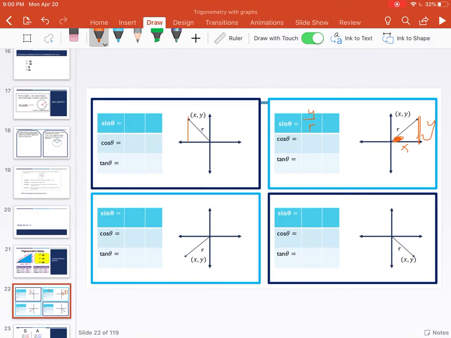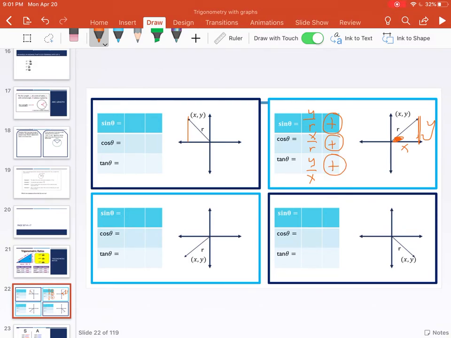And because we have a positive over a positive, we'd end up with a positive. Cosine is adjacent over hypotenuse, so we'd have x over r, giving us a positive. Tan is opposite over adjacent, so we'd have y over x, giving us a positive once again.